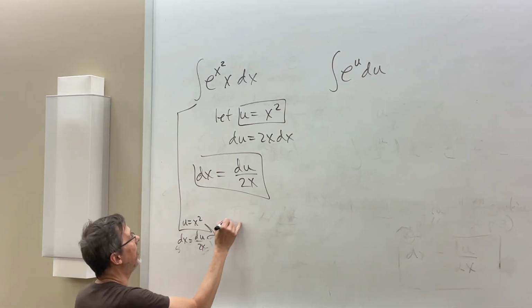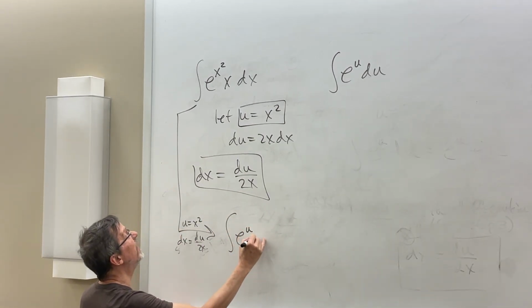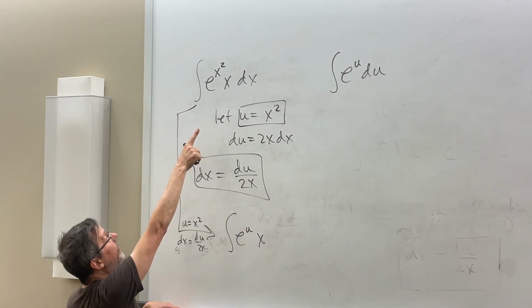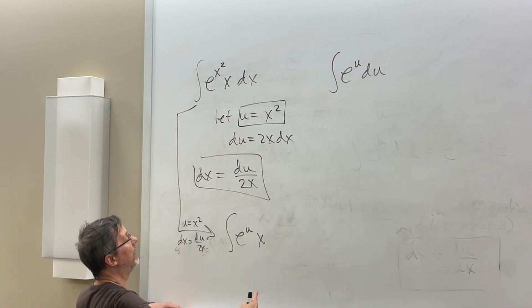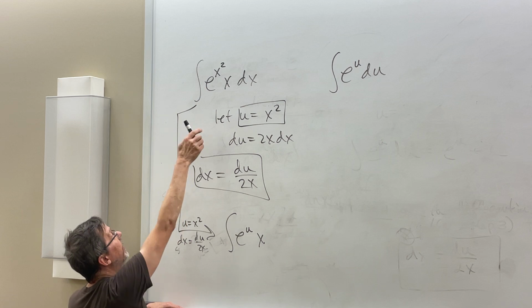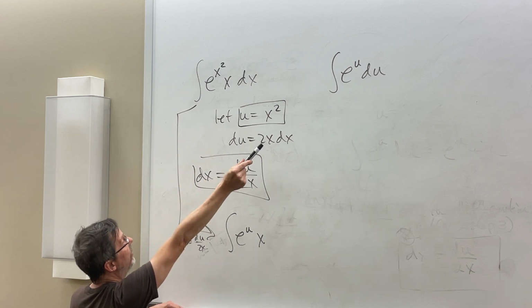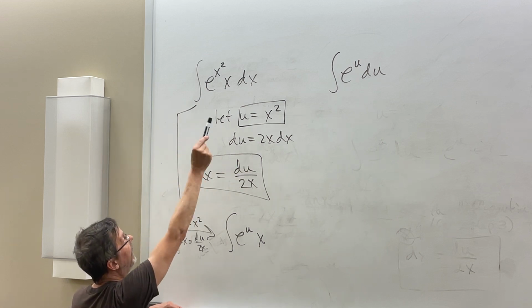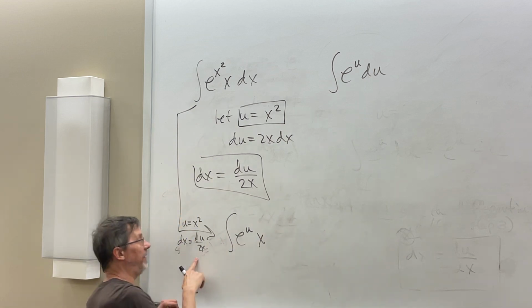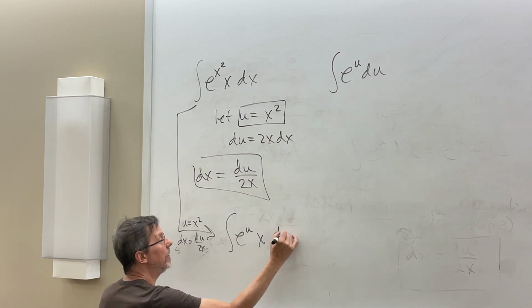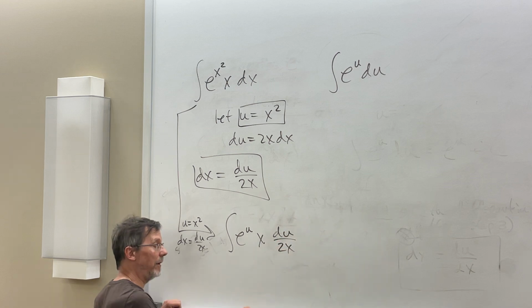So this is going to turn into the integral of e to the u. That x is still there. Notice I'm not doing a dang thing with the x. I'm carrying it along. The only thing I replace is what comes through my window in my formula and the dx to du substitution. So dx gets replaced with du over 2x.